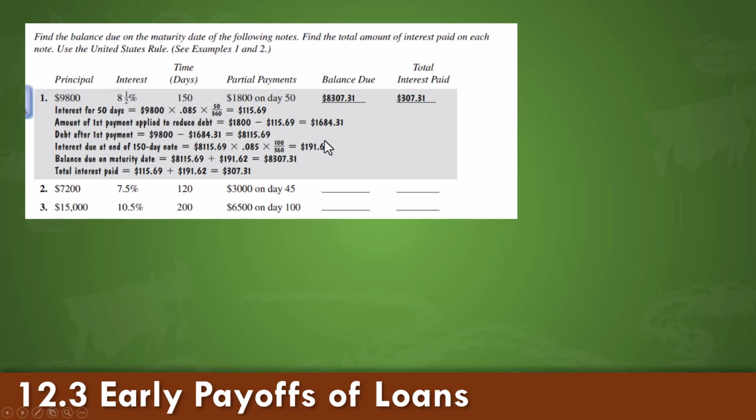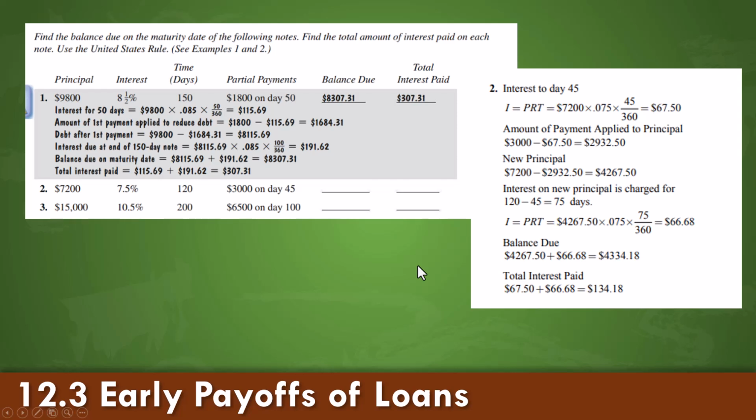This value added to that debt after first payment will give us the balance due. Balance due will go here under balance due. Interest paid will be the two interest payments of the $115.69 and the $191.62 calculated previously. That will give us our total interest paid.